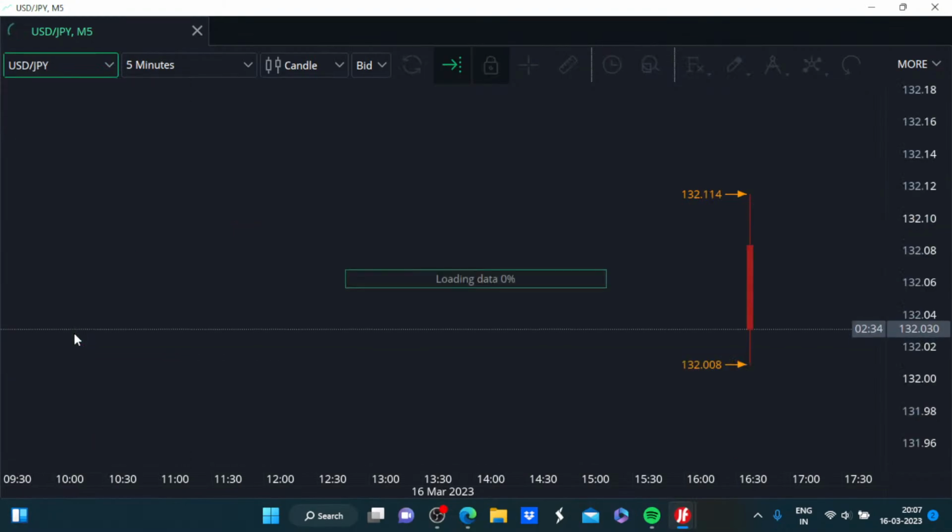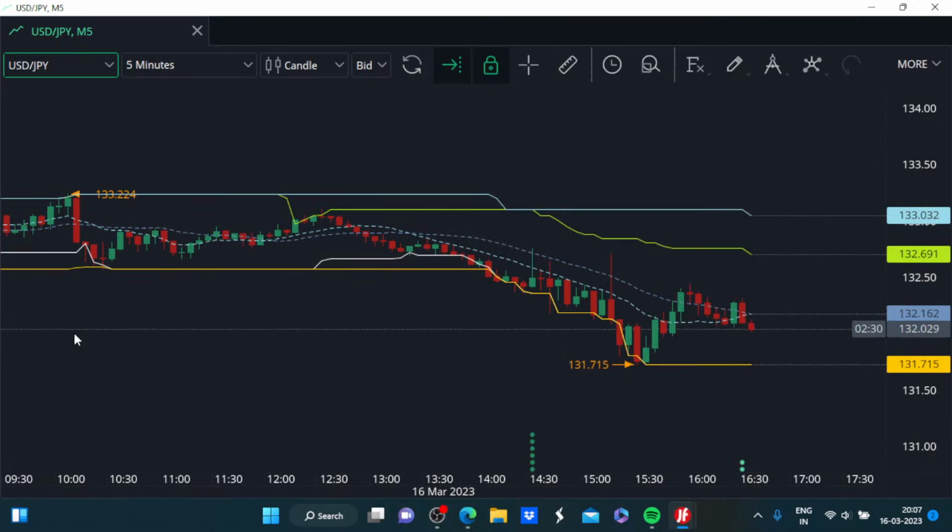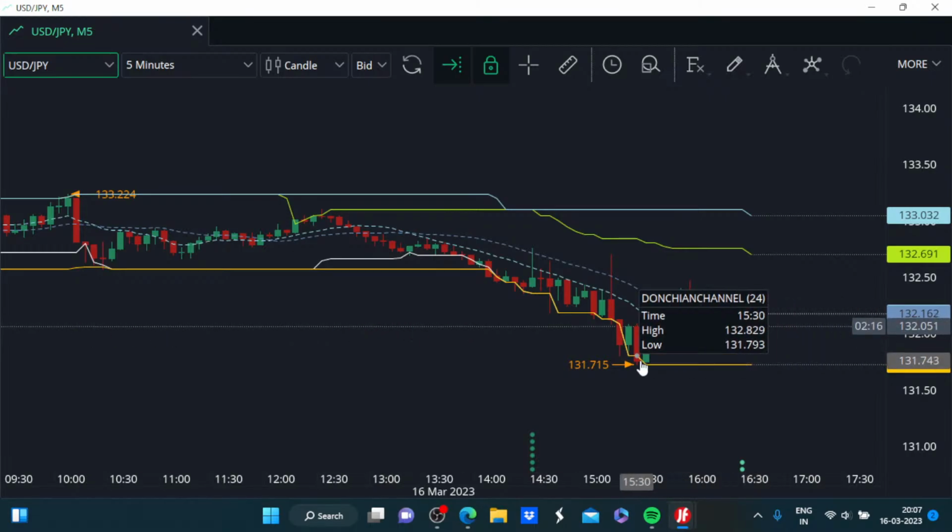And as I said earlier, the USD JPY is in a bearish environment with the possibility of it declining towards 130 being quite high. So we will have to go with the flow and keep looking for these opportunities in coming hours.